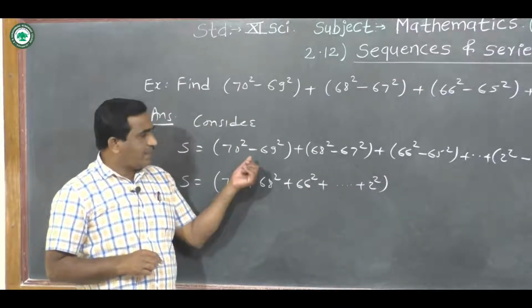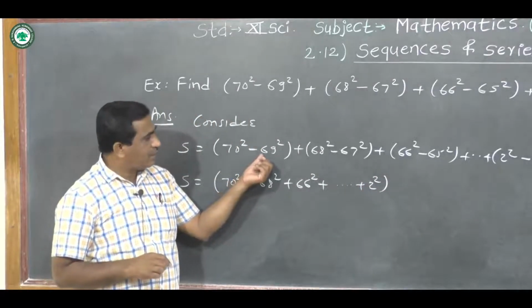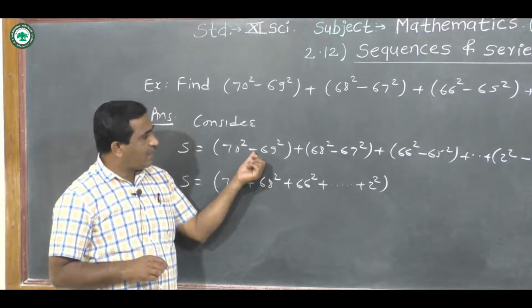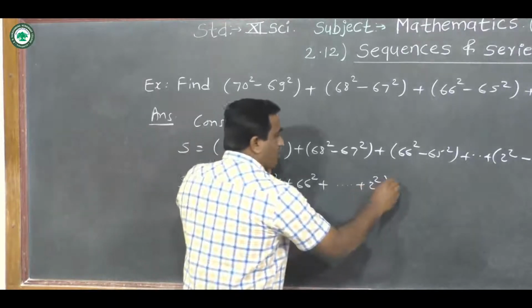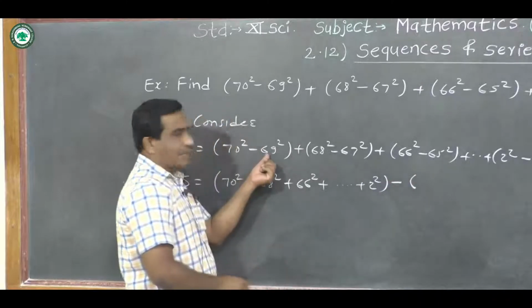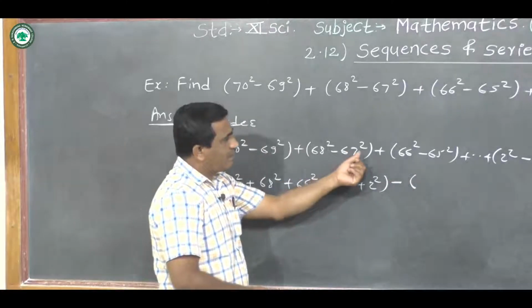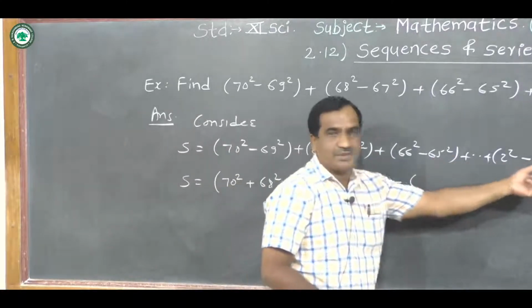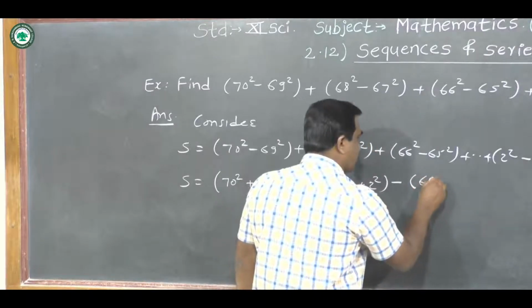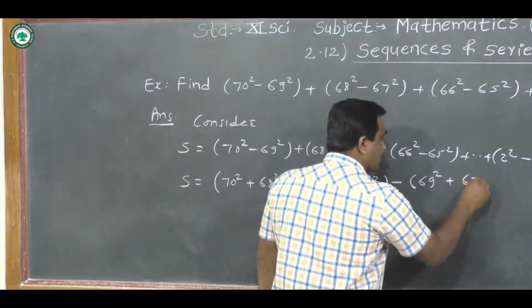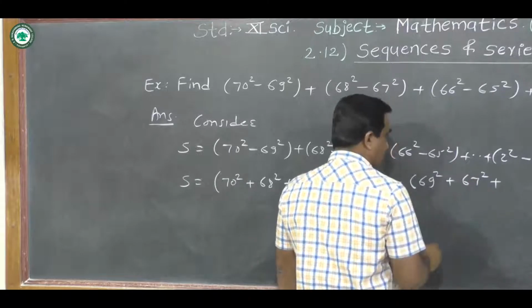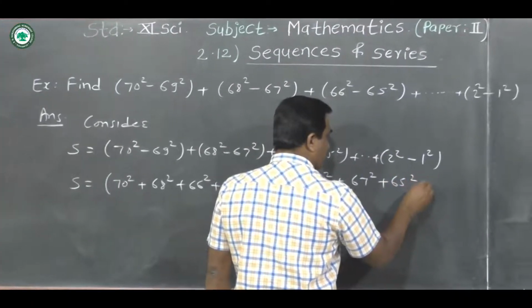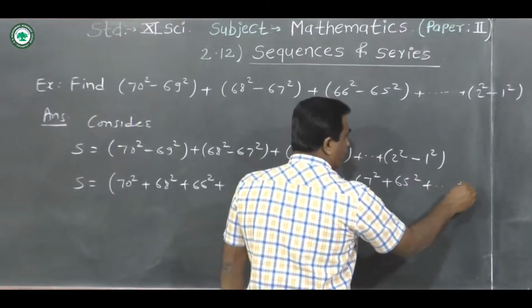Now we can take all the second terms together and we can take the minus sign common. Minus common here, in bracket, 69 square plus 67 square plus 65 square plus and so on plus 1 square.